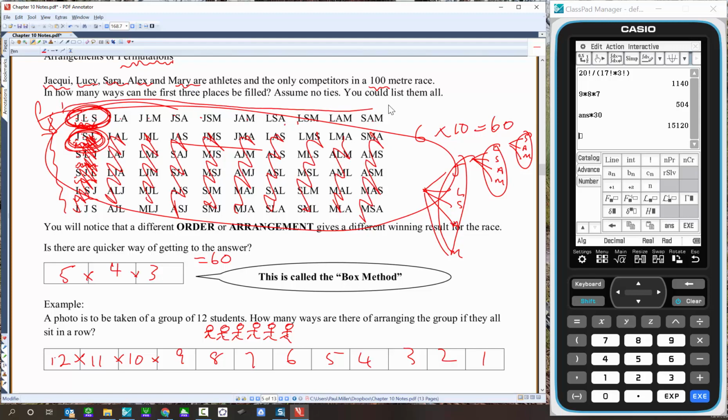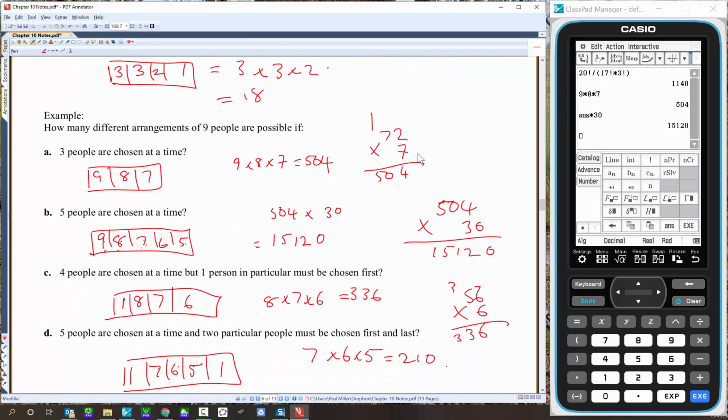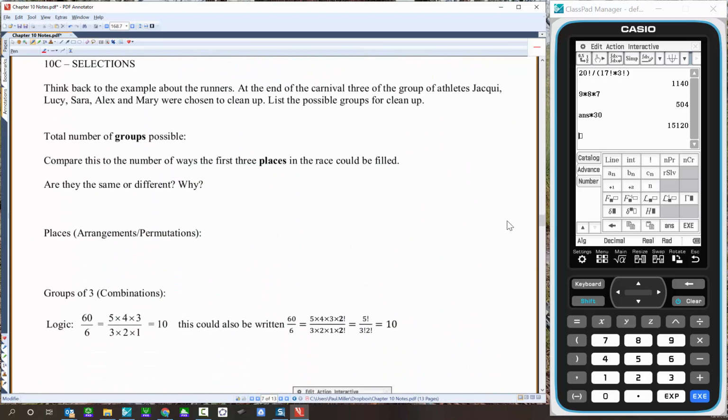All right, which leaves us only with those ones there, which is 1, 2, 3, 4, 5, 6, 7, 8, 9, 10. So this is important to note for the next exercise, selections: the total number of groups possible in this case for cleanup is equal to 10.